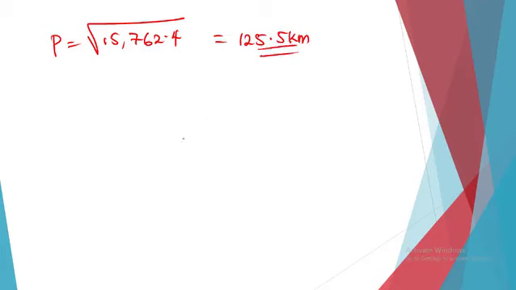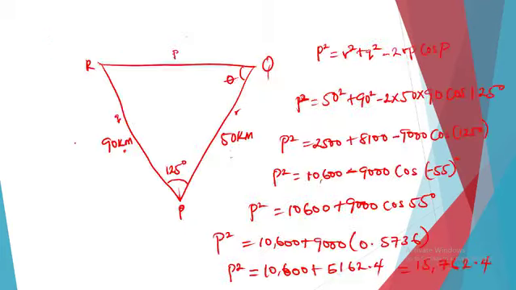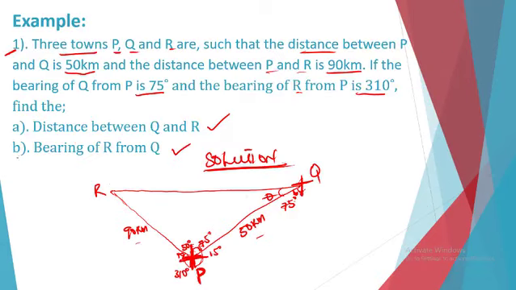That's the value of P. Okay, then the B part of the question, we're asked to find the bearing of R from Q. The bearing of R from Q. So from here, the bearing from here to here. How do we determine the bearing of this to this? We start by adding this. This is angle 90, right?